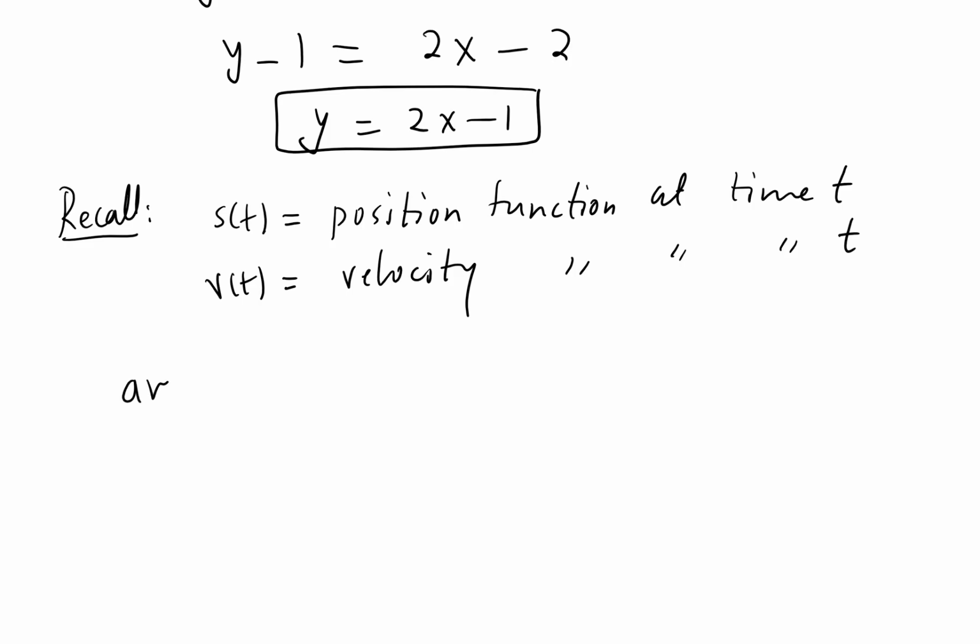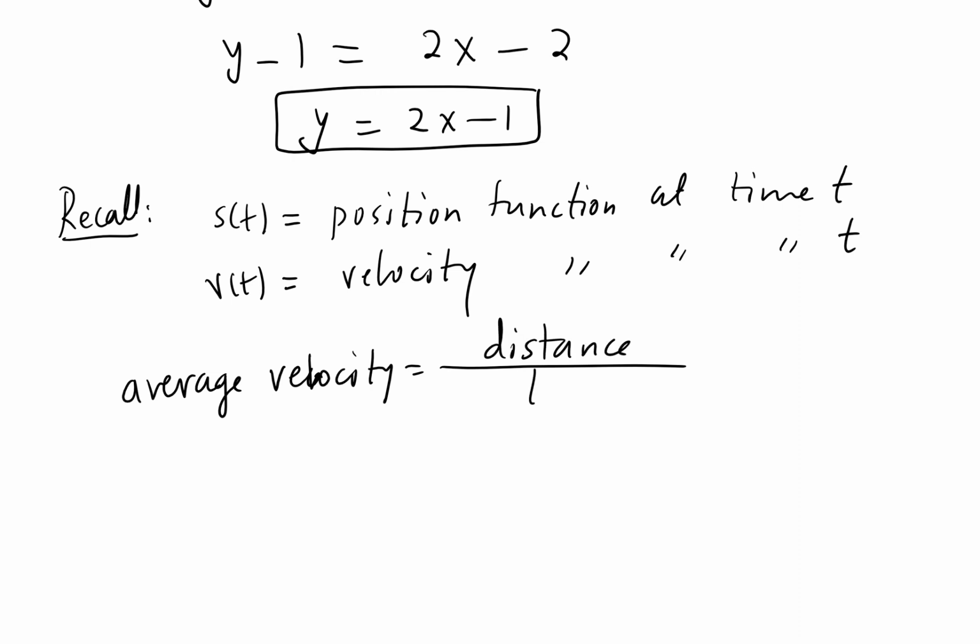Then we define the average velocity as the distance over time, right? We know distance over time. And when we say distance here, we mean the change in the position, over the change in time.